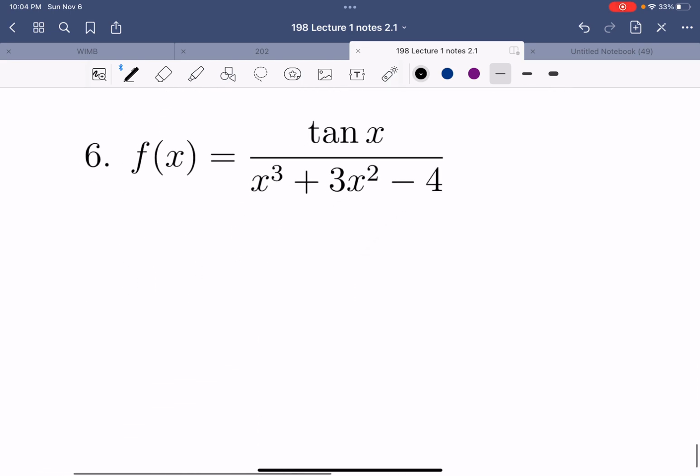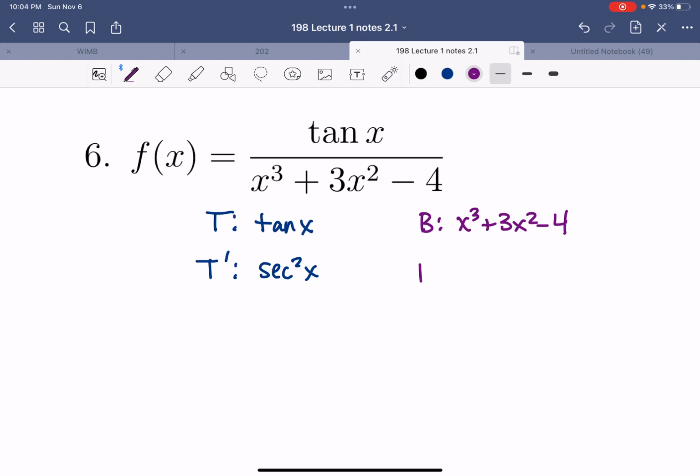Number 6. You can see right away we're going to be working with quotient rule here. So the top is tangent x, and its derivative is secant squared x. The bottom is the x cubed plus 3x squared minus 4, and its derivative is 3x squared plus 6x.